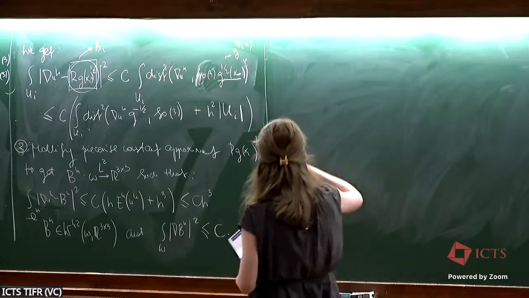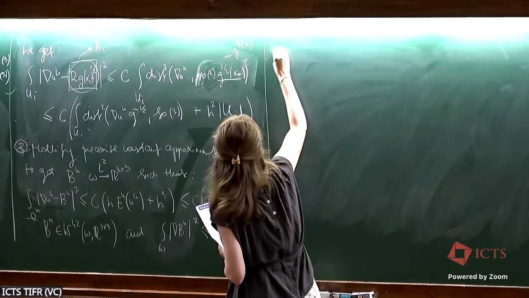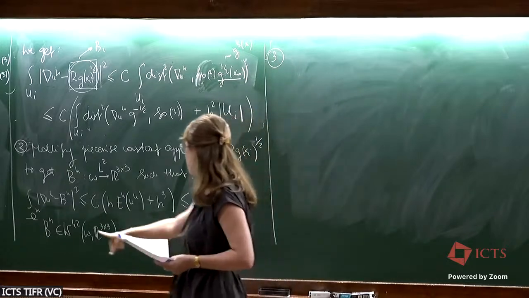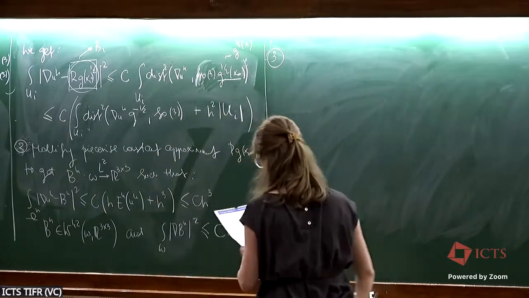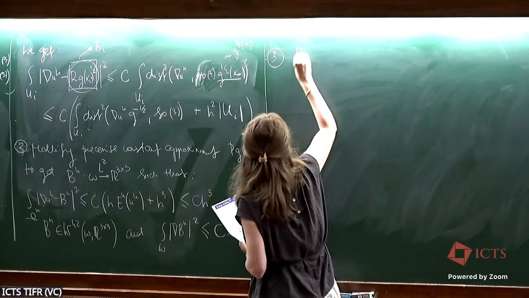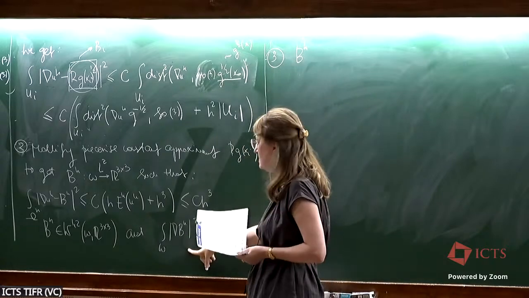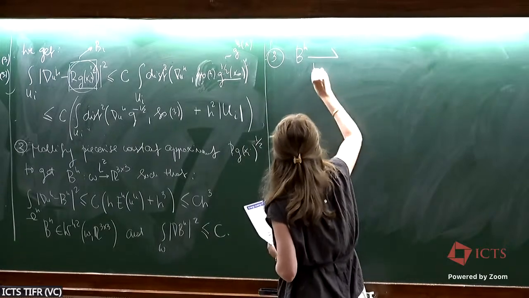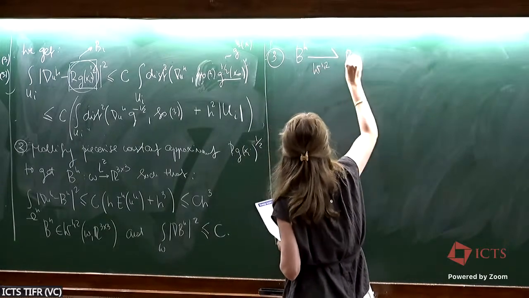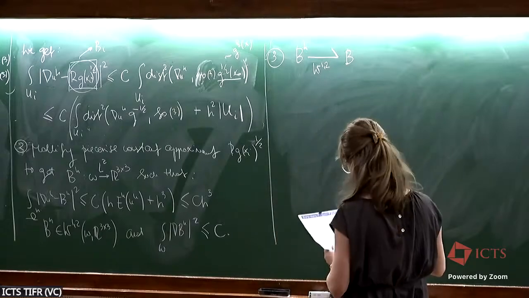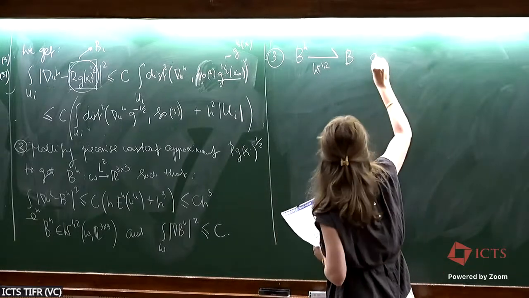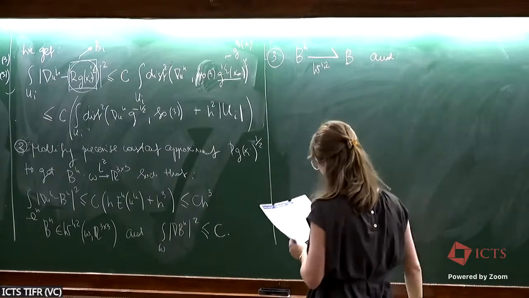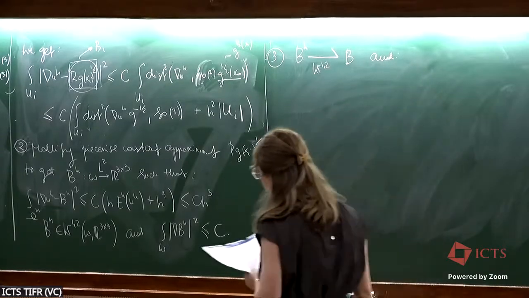Okay, so step 3. In particular from this, I see that BHs are bounded in W^{1,2}, so up to a subsequence, they converge weakly to some limiting field. Okay, and what can I say about this limiting field?